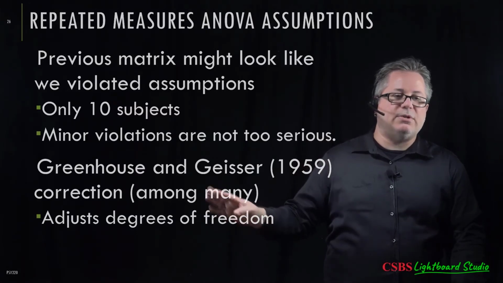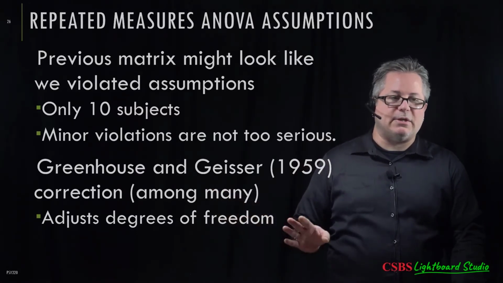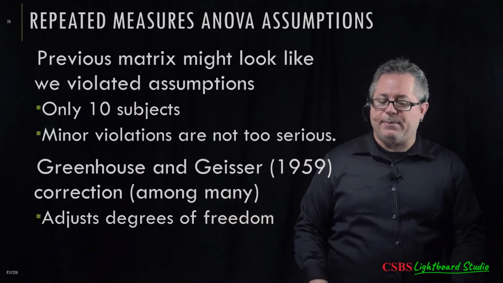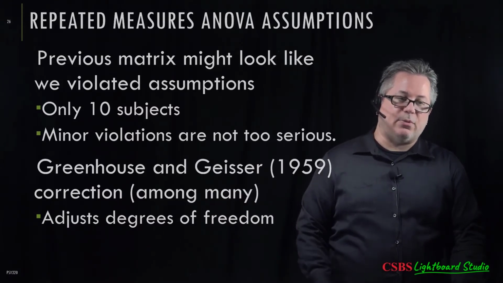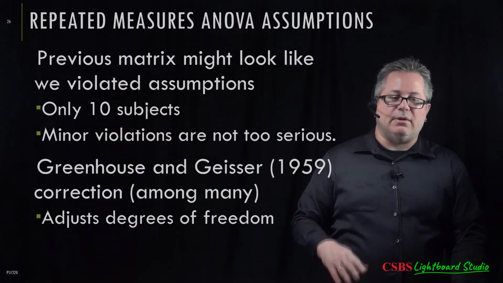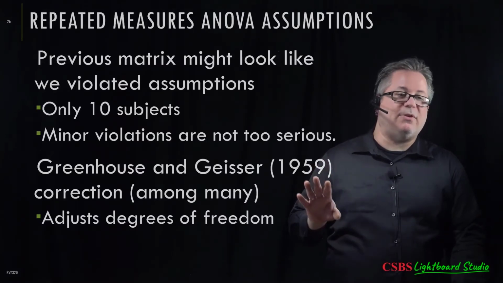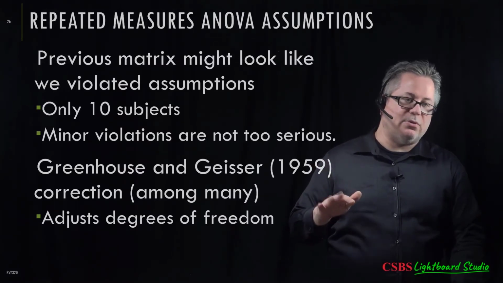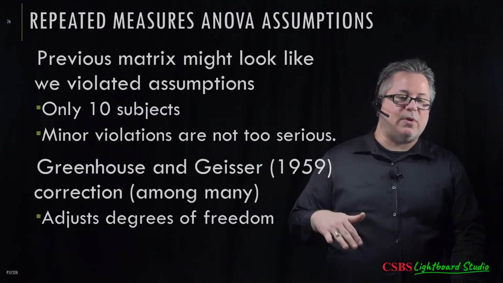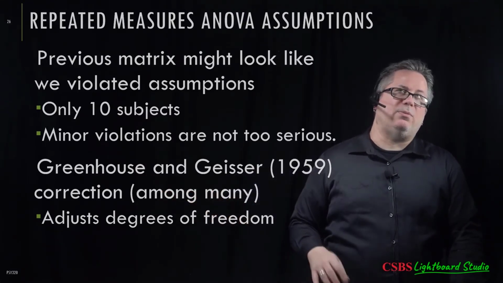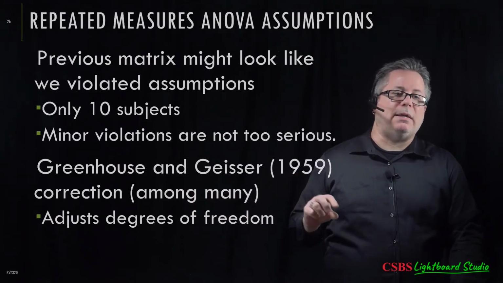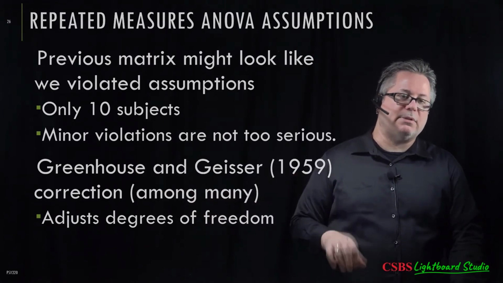So these corrections that you'll see, because in SPSS, when you run this for a lab, you're going to get the test for sphericity. If it's significant, that's a problem. And then it's going to provide you with a table, whether you ask for it or not. You actually don't ask for it, it just gives it to you. It's going to give you a table of a bunch of corrections. And you're going to see things like Greenhouse-Geisser and Huynh-Feldt, H-U-Y-N-H, that kind of Huynh-Feldt.